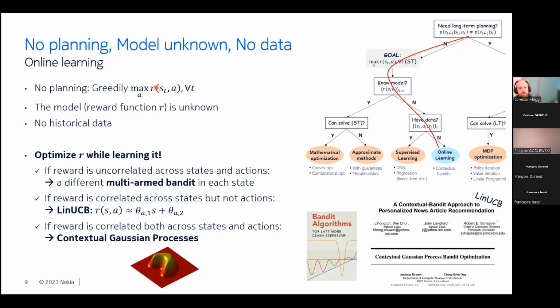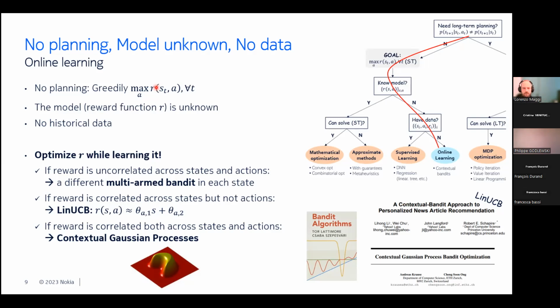Imagine that we know a priori that this reward is uncorrelated across states and actions. This is really the unlucky case, where you're in a state, you take an action, you observe a reward, and you cannot say anything about different states and actions. Well, then what I claim is that you should play a multi-arm bandit in each state.